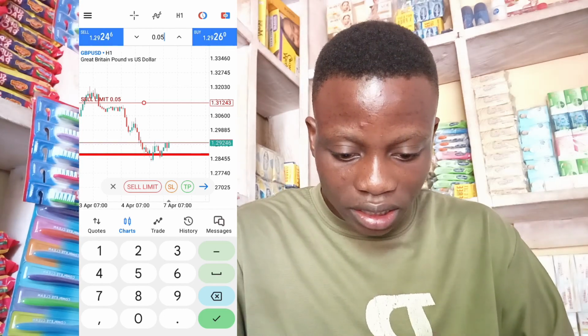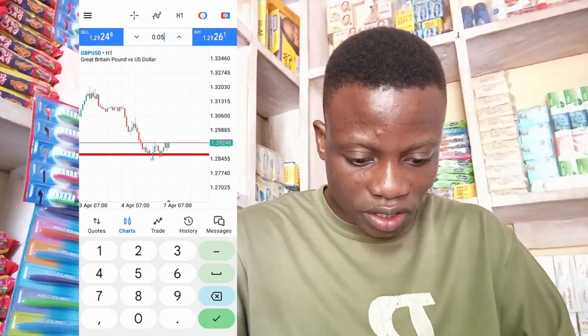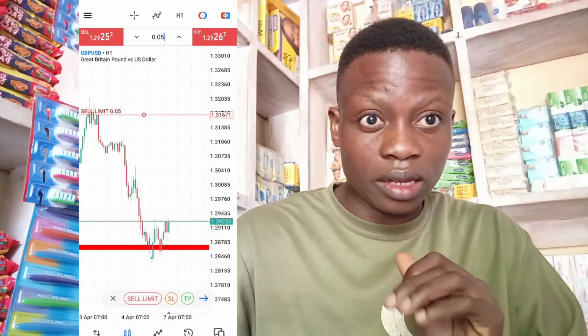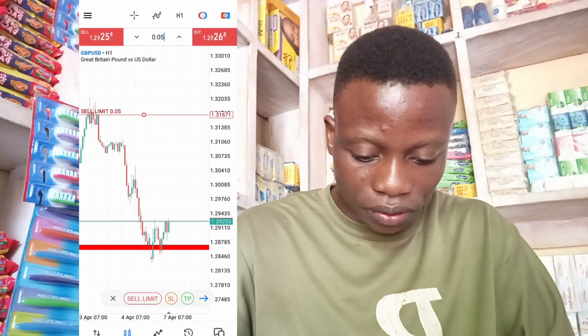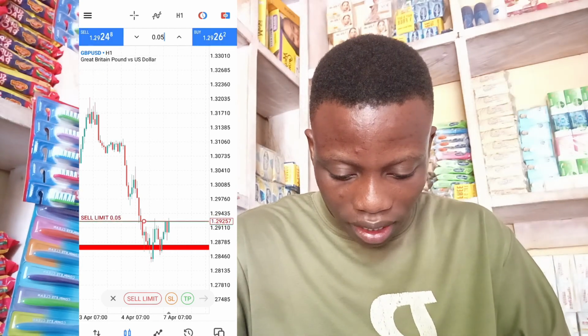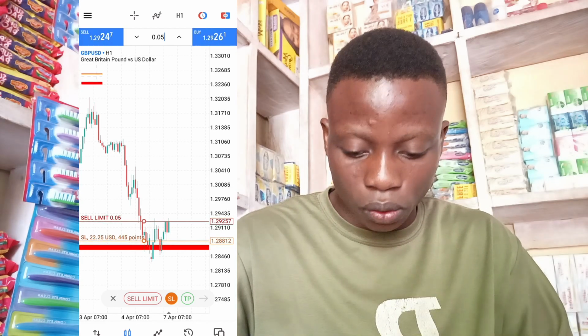So this is 0.05. If I'm to buy from the current price level now, then my SL will be below this last swing low.